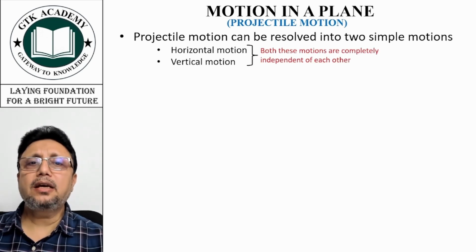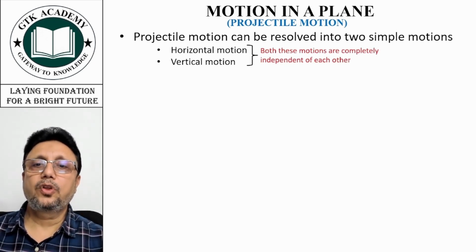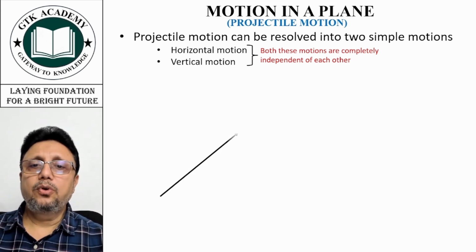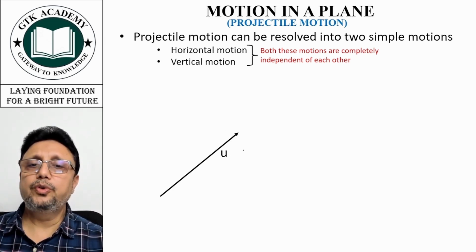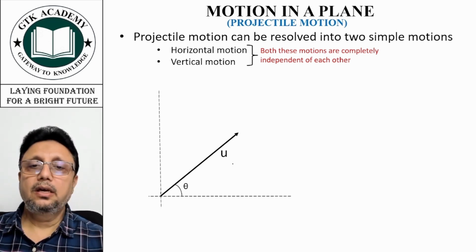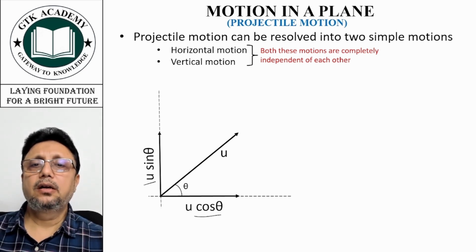Because they both are completely independent of each other. Suppose this is the velocity u which you have given to projectile, and it makes an angle theta with horizontal. So the velocity in horizontal direction is u cos theta and vertical is u sin theta.